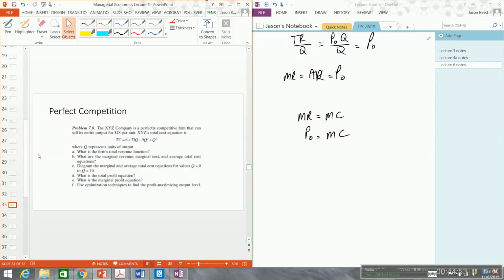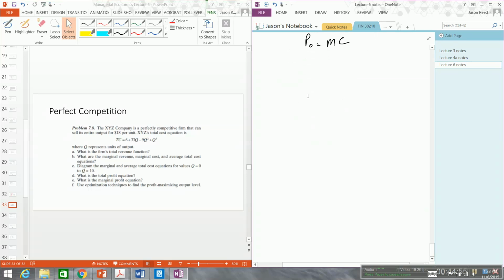Okay, so how about a problem here? Problem 7.8 tells us that we have total cost equal to 6 plus 33q minus 9q squared plus q cubed. So now, what is the firm's total revenue function?